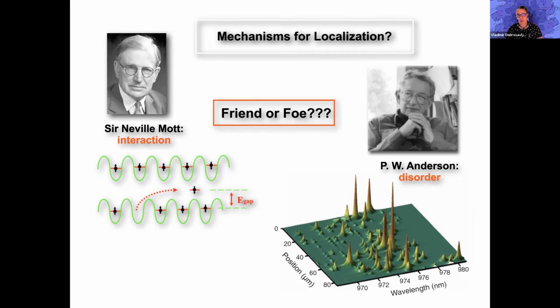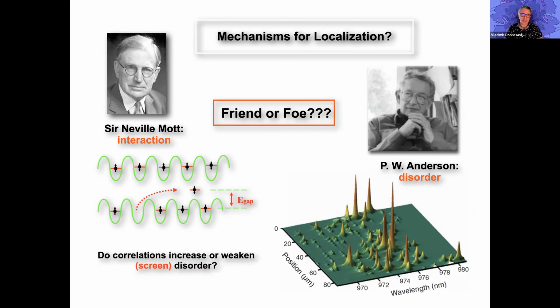But when you have them together, this is not very well understood, although in most materials you have both of these effects together. So one of the big questions is, do interactions help Anderson localization? Does Anderson localization help Mott localization, or do they oppose each other? This is one of the big open questions in the field.